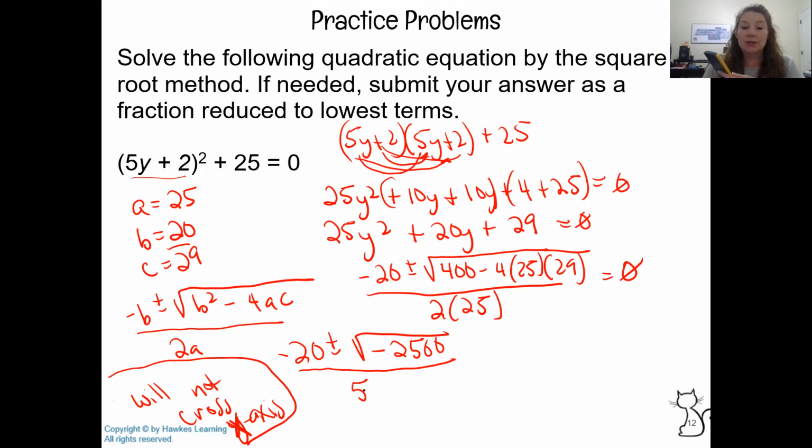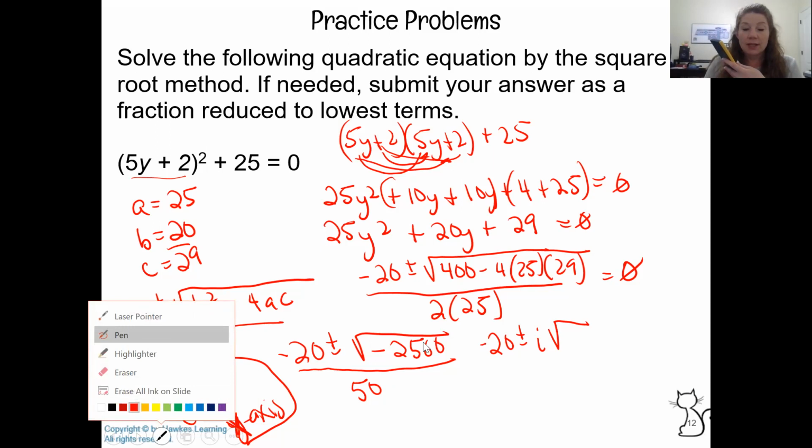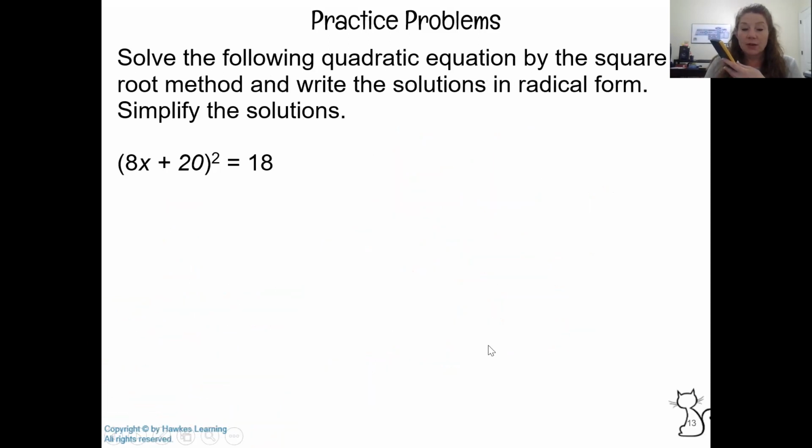So then our denominator is 50. So 2,500 is a perfect square. It's 50. So think of this as 2,500 times negative 1. So we would bring out the i, which is our square root of negative 1. Oh, shoot.